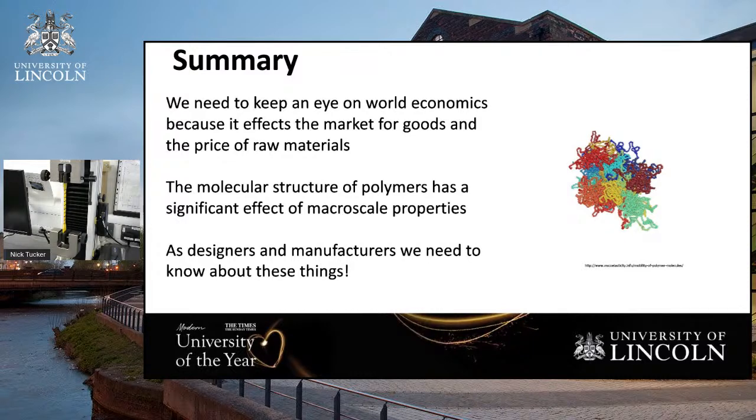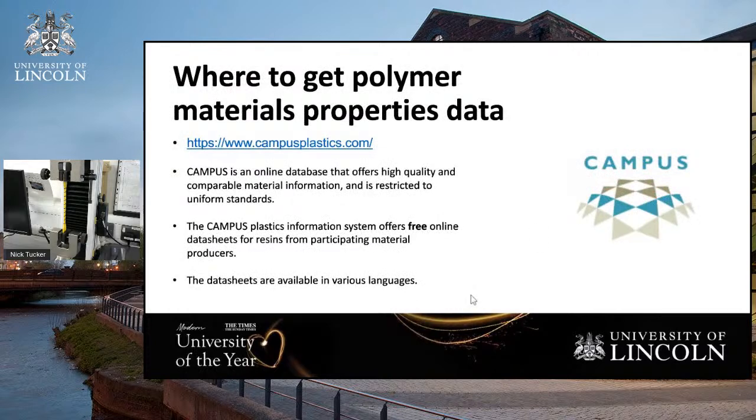In terms of our polymers, the molecular structure of the polymers has got an awfully important effect on the macro scale properties, and as designers and manufacturers, we jolly well need to know about this. That's funny. When I prepared this slide, that was an animated GIF that showed things stretching.